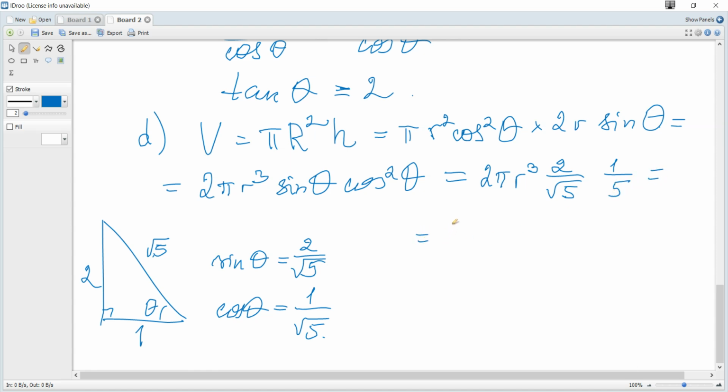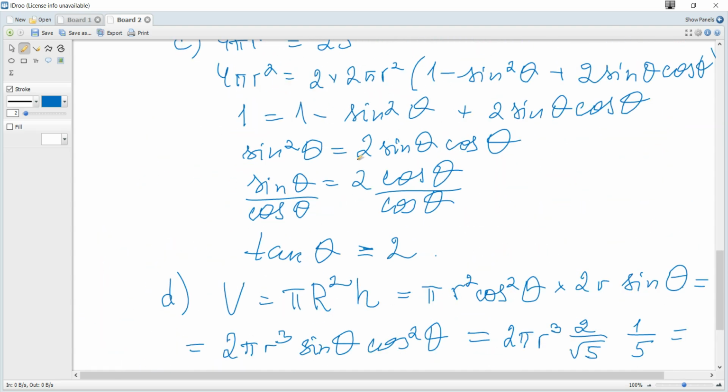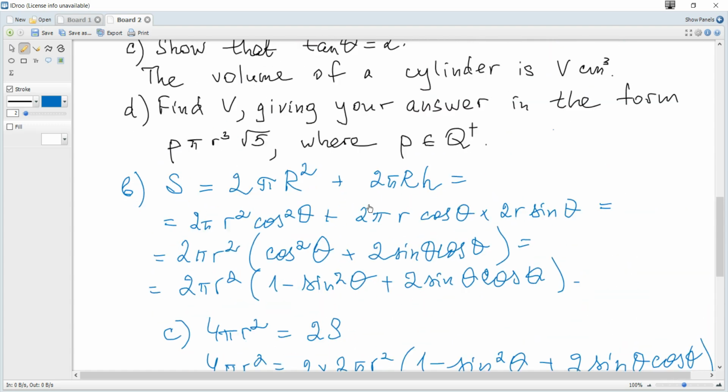And it becomes 4 pi r cubed over 5 root 5, with root 5 in the denominator, and we want root 5 in the numerator.